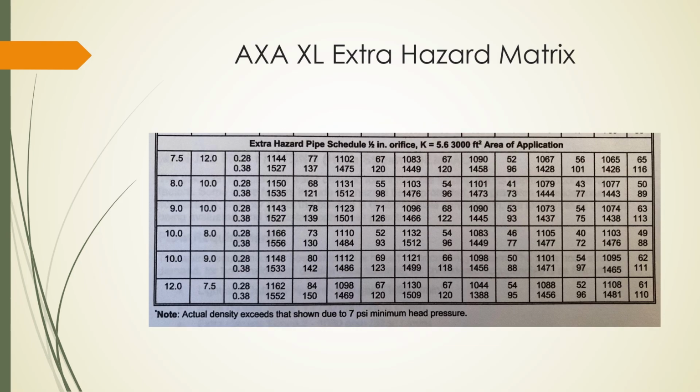If you recall, we looked at AXA XL table 1 on page 5 of an 8-page document. This covers the extra hazard pipe schedule layout, and it was for head line spacing, had certain densities, which we'll cover later, and depending on the piping configuration, it provided a water requirement and a pressure requirement as well.